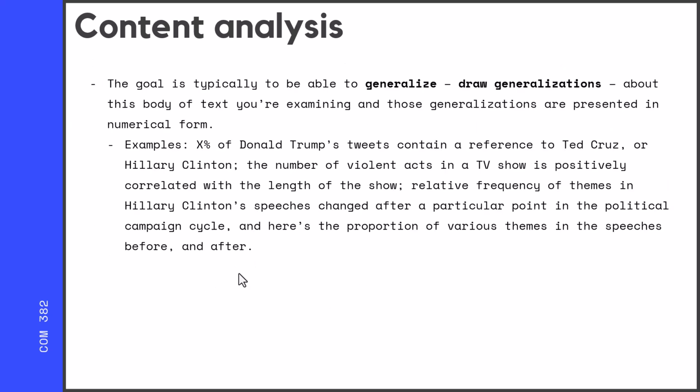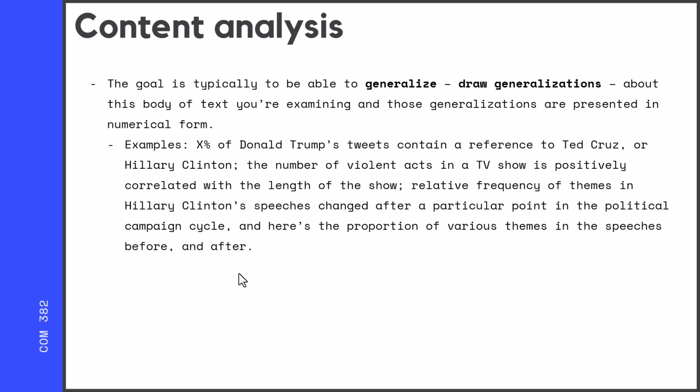So the goal of content analysis is usually to draw generalizations about the body of text that you're examining, and then present those generalizations in numerical form. For example, a certain percentage of Donald Trump's tweets contain a reference to Ted Cruz or Hillary Clinton.